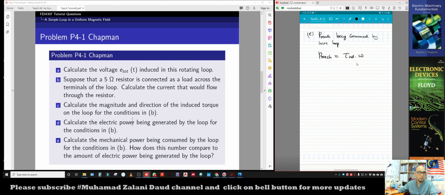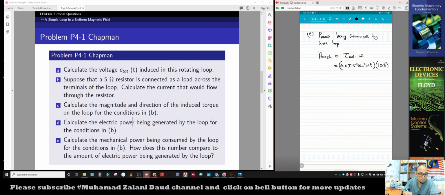So we can use that equation. P is tau omega. Then we know that the torque induced is 0.0515 sine square omega t. In this case, let me again use 103 as the omega.